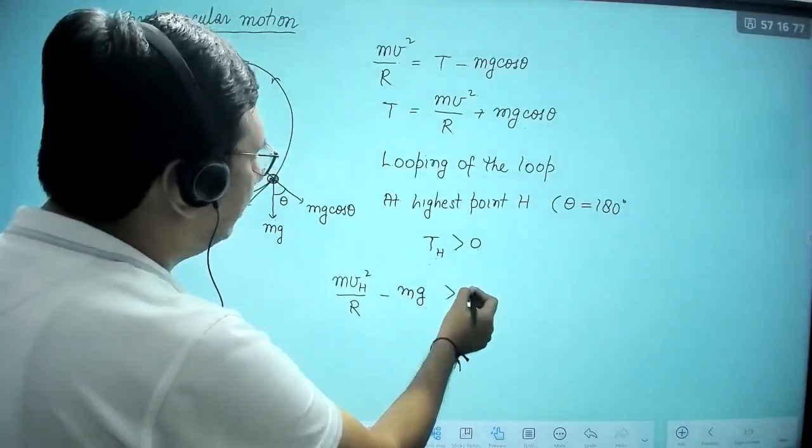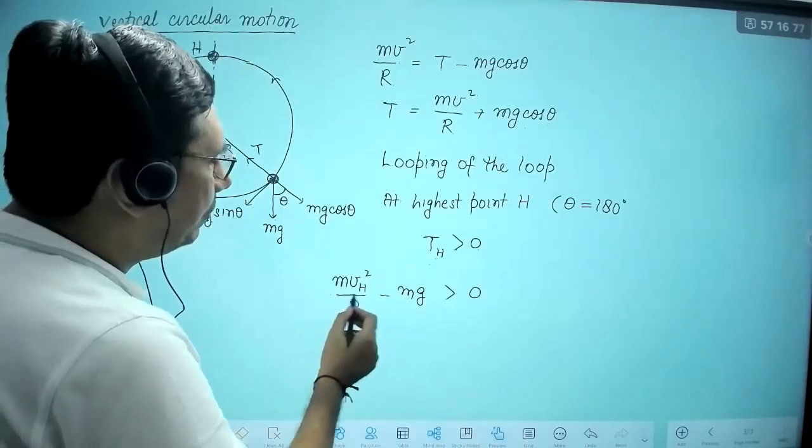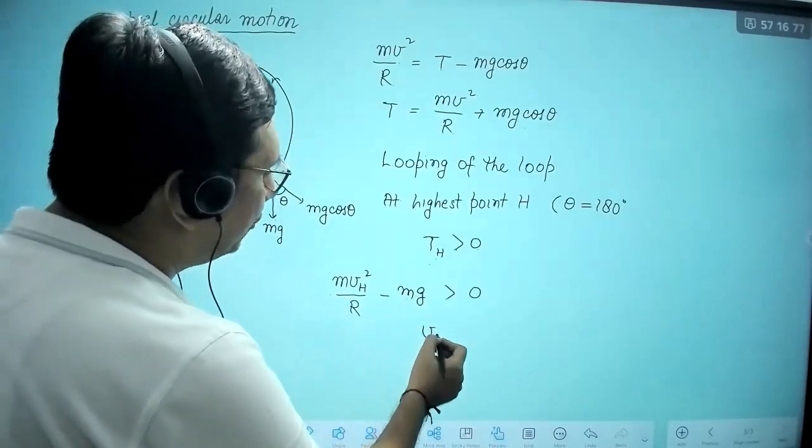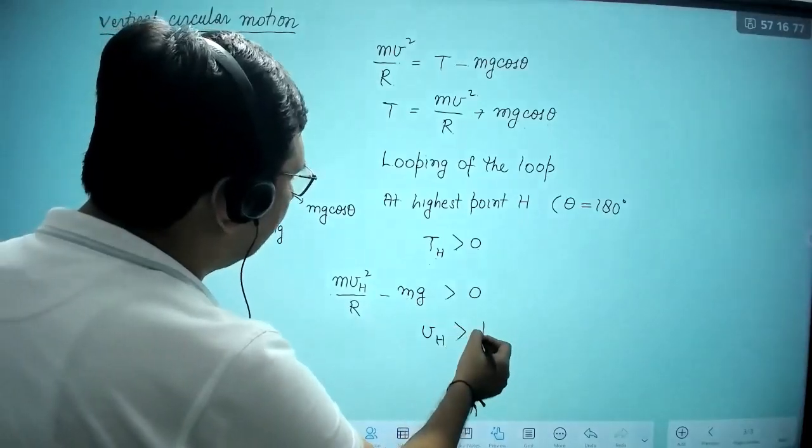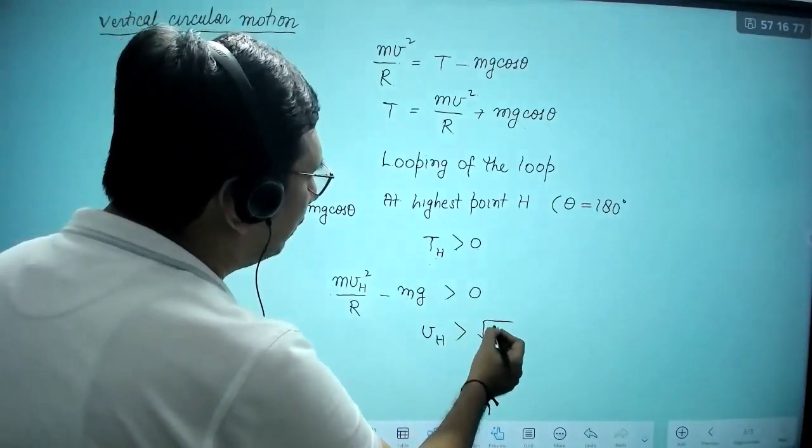This should be greater than 0. So m will cancel out, and at the highest point, vH should be greater than square root of gr.